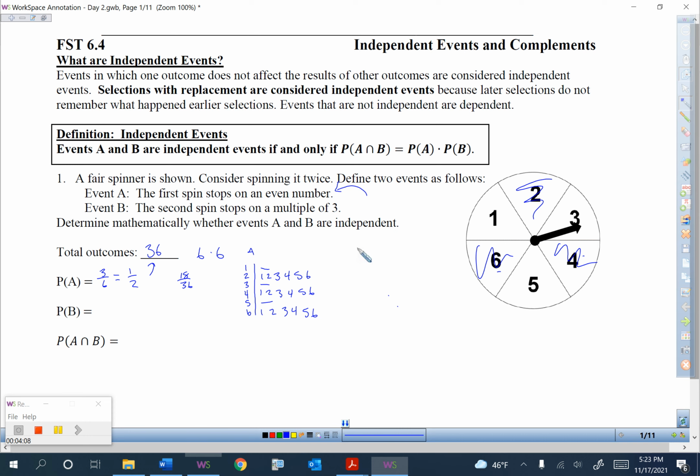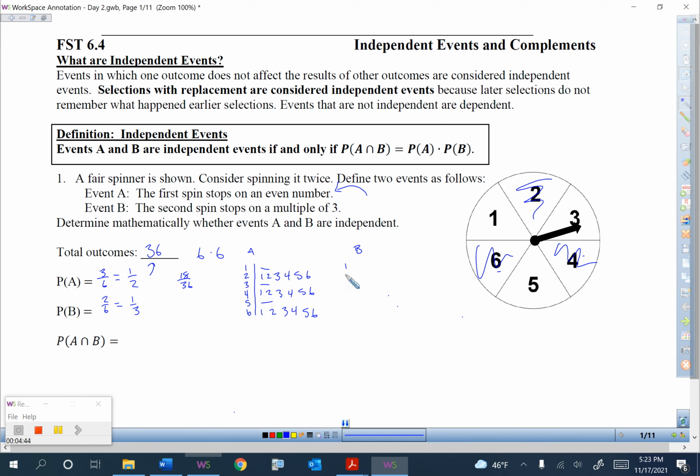We're going to do the same process for B, just for practice. It says the second spin stops on a multiple of 3. We know that 3 and 6 are 2 out of 6, so my probability is going to be 1/3. But I want to show you the stem and leaf way.